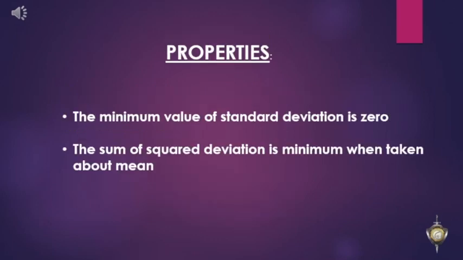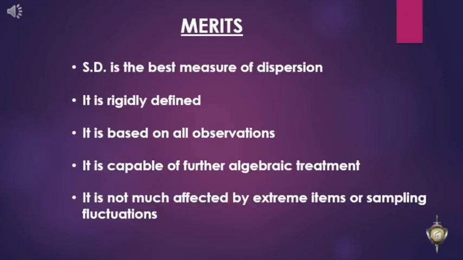Properties. The minimum value of standard deviation is 0. The sum of square deviation is minimum when taken about mean. Merits of standard deviation. Standard deviation is the best measure of dispersion. It is rigidly defined. It is based on all observations.